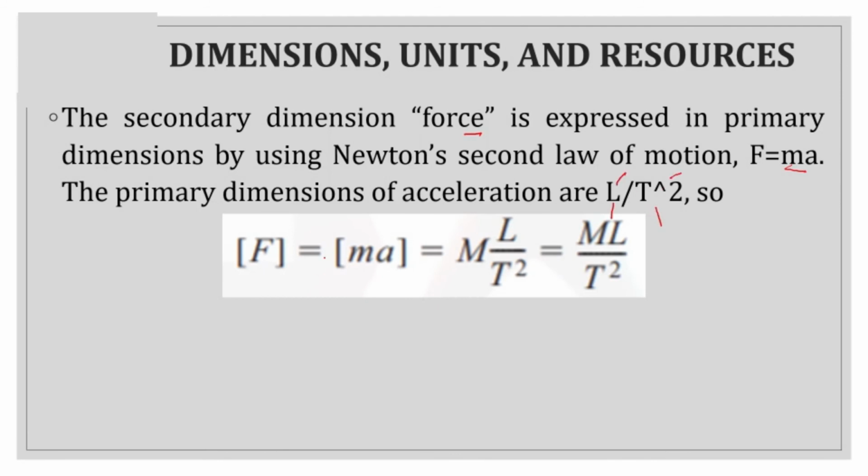So in the equation, force is equal to mass times acceleration, where M denotes mass, and acceleration has the dimension length over time squared. To simplify, that is M L over T squared. So this is one common example for a secondary dimension.